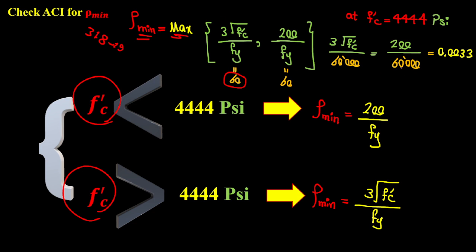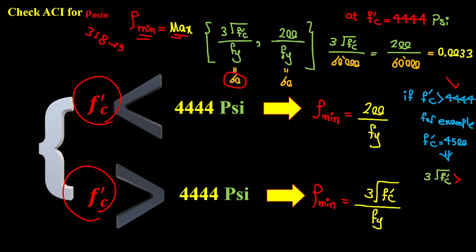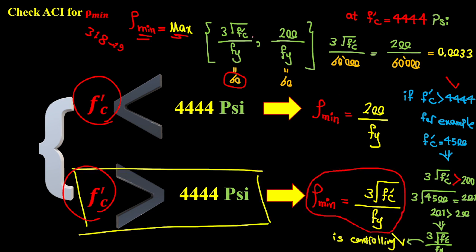As soon as you pick a number bigger than that, for example 5,000, you can easily see the first part is definitely bigger than 200 over fy, so that would be the maximum.